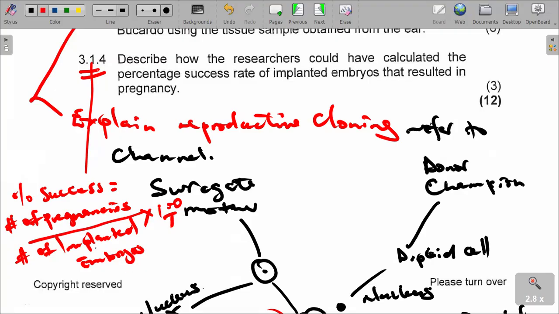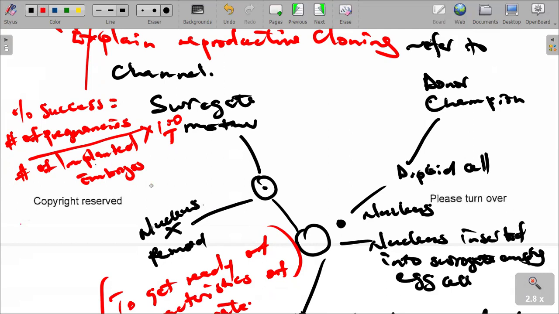That is what the question wants you to understand here. If we look at this, number of pregnancies 7 over implanted 57, multiplied by 100, and with a calculator we get 12.3%.